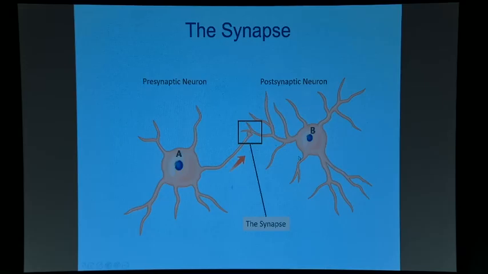So in this example, neuron A is sending a signal across this synapse while neuron B is receiving that signal, but generally not sending a signal back to neuron A. And so because of that one-way communication that occurs at a specific synapse, we can define for that synapse one of the neurons as being the presynaptic neuron, the one that's sending the signals, and the other neuron as being the postsynaptic neuron, the one that is receiving that signal. And so that terminology will be useful in the following lectures.